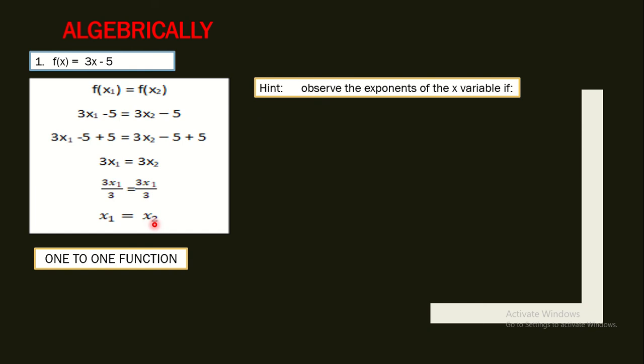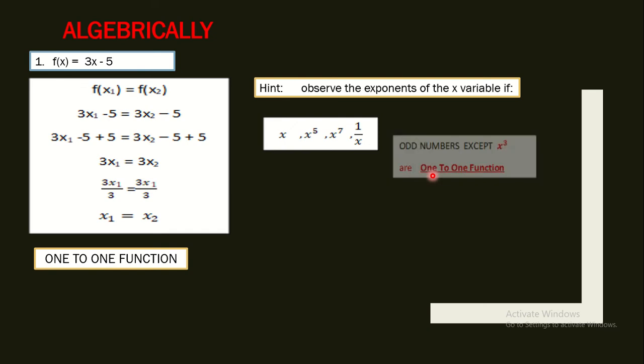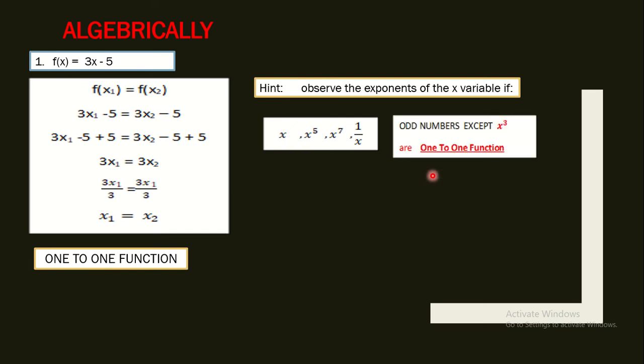Okay? And there is a hint. Meron siyang hint, clue. Observe your exponent, sabi niya. Kapag ang exponent mo guys are odd numbers, they are one-to-one function. Okay? Except nga lang sa x raised to 2.